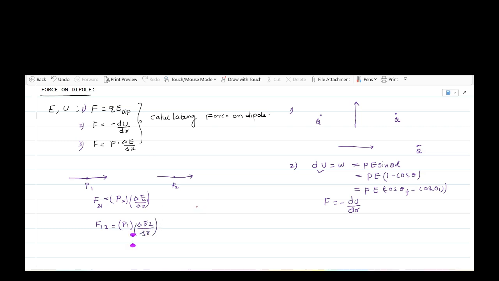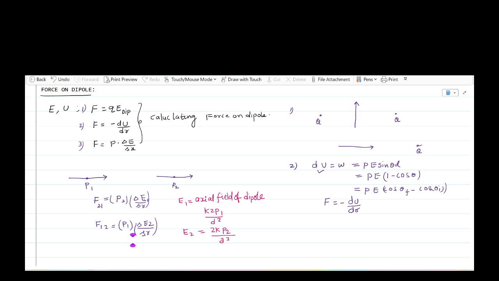In this case, E1 is the axial field of a dipole, that means K into 2P1 by d cube, the distance between the dipoles. Similarly, E2 is the axial field, equal to 2K P2 by d cube, the field of dipole 2 on dipole 1.